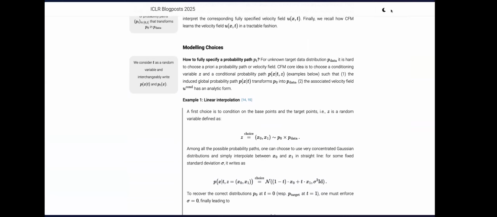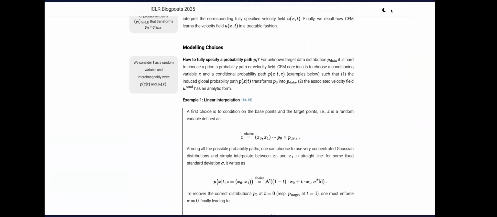Let's see, we went too far. Okay, so here there is basically a conditional probability path that for a specific pair of x0, x1, is how we will transport things, right?